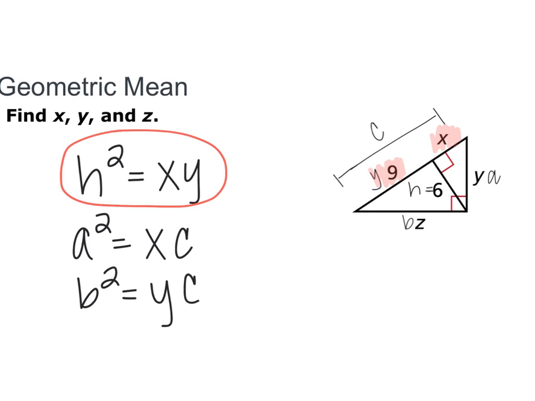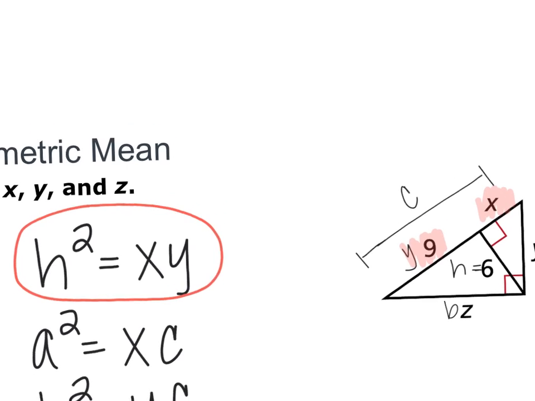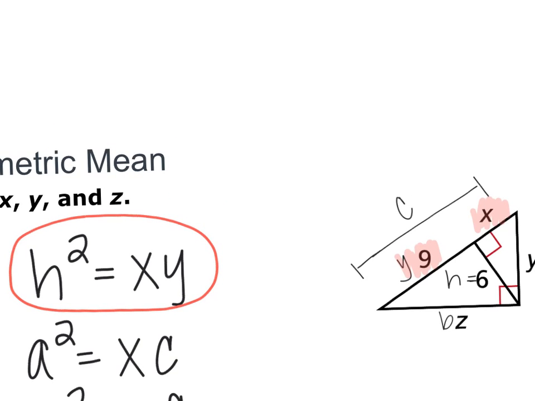I'm going to take what I know and plug it in and see if I can solve for that missing x value. So h is 6, so 6 squared equals x, which I don't know, times y, which is 9.